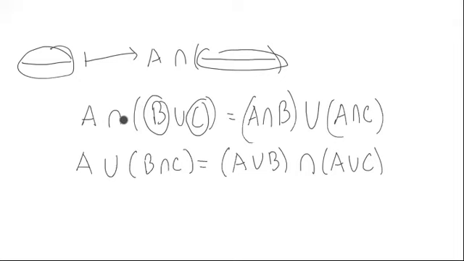Oftentimes people try to use the symbol for multiplication for intersection and addition for union, and that's great, but it takes away the idea that you can actually distribute this over that too, and you can interchange and think of it as times and plus.